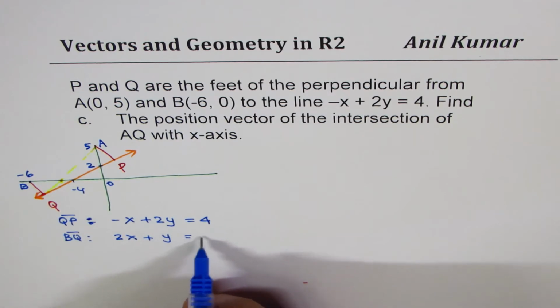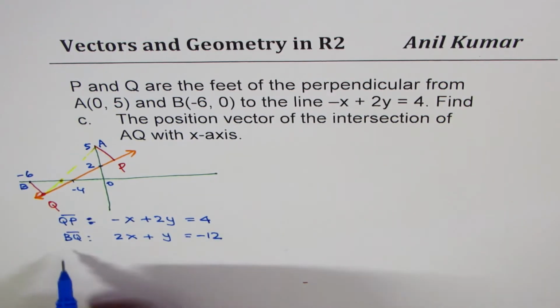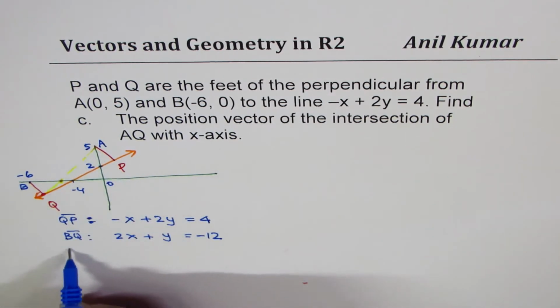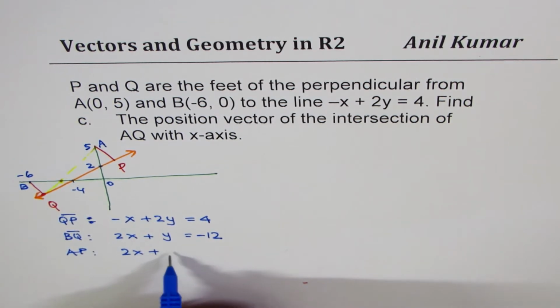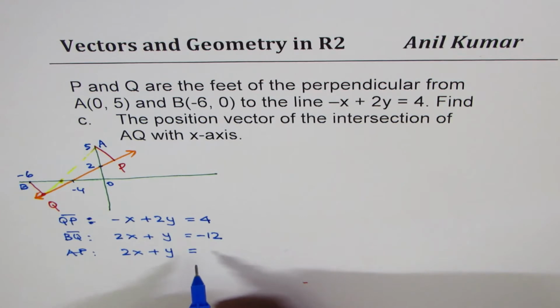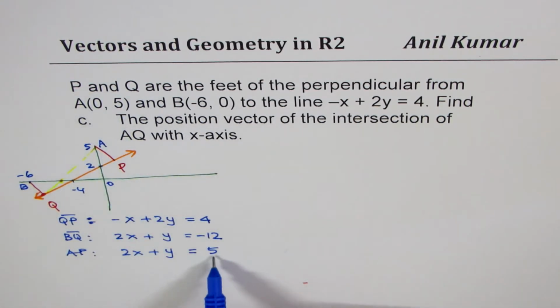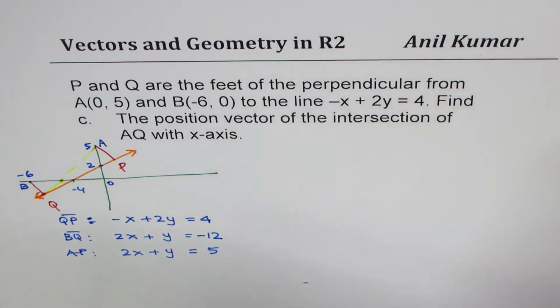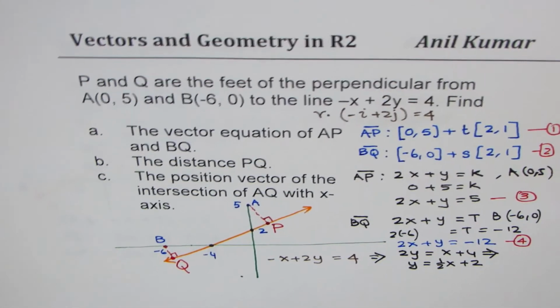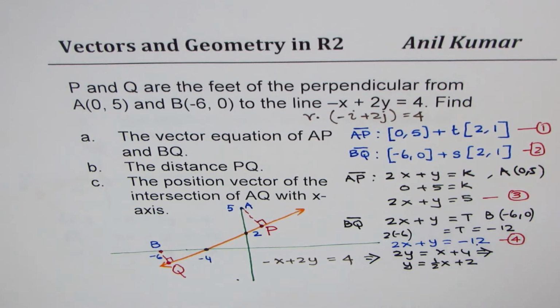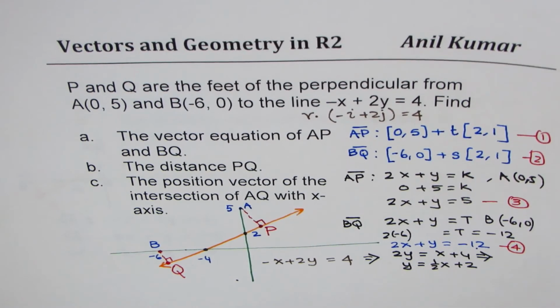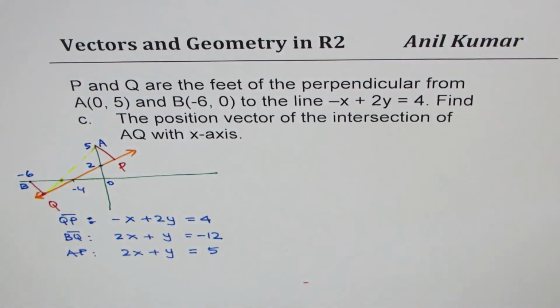Let me check. It was minus 12. And we also know the equation of AP. AP is 2x plus y equals 5. 5 is the y-intercept, that gives you 5. So we have copied these equations from the earlier page, and then we'll continue, right?